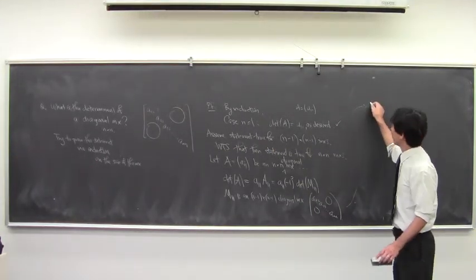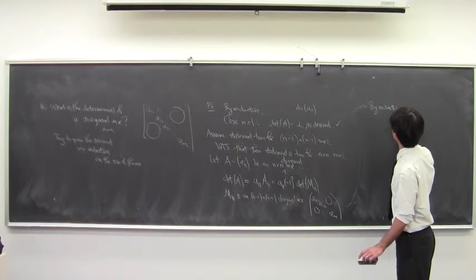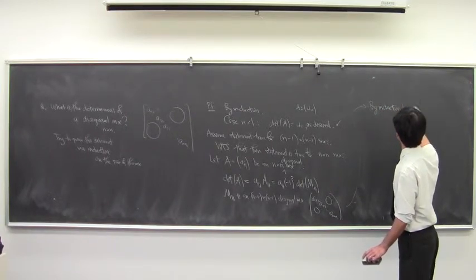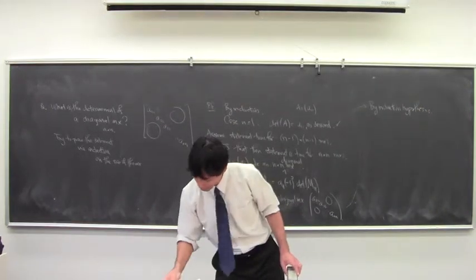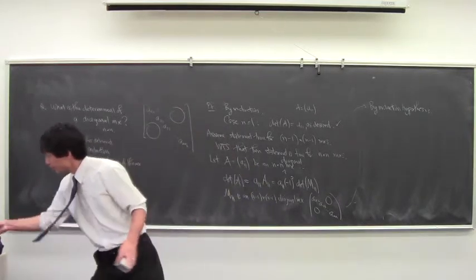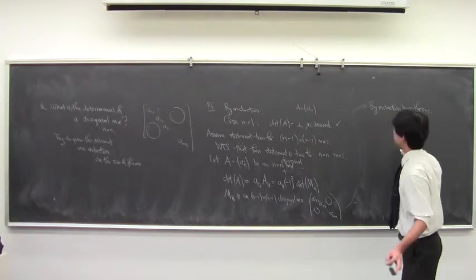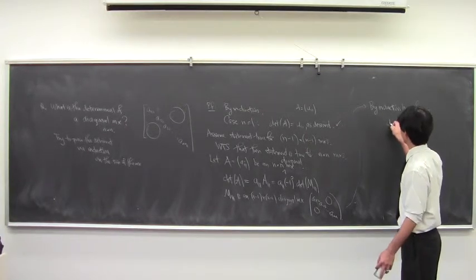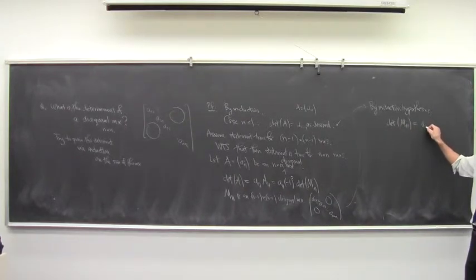So by the induction hypothesis, we know that the determinant of M11 is going to be the product down the diagonals, so A22 to ANN.